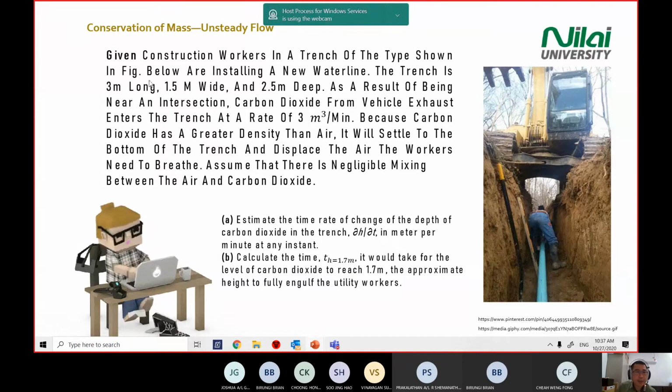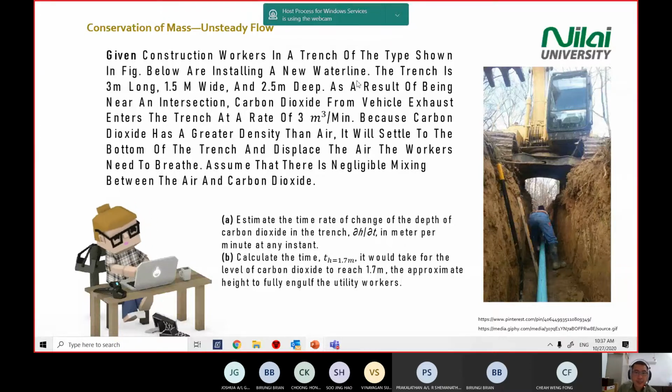So below, they install a new water line. Maybe when you go out there, you work in a civil construction or consultation firm, where they employ you as an M&E, mechanical and electrical engineer, or mechanical engineer in their company, and work on the construction.